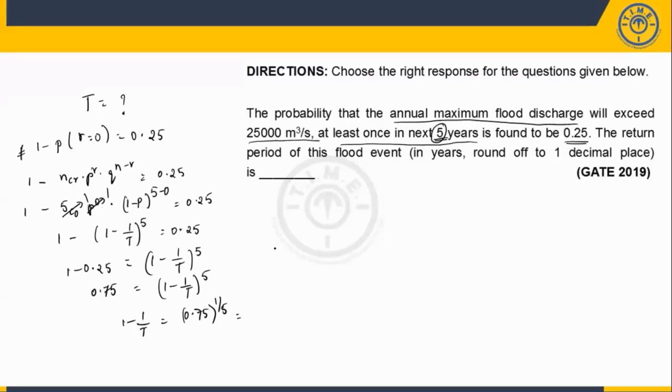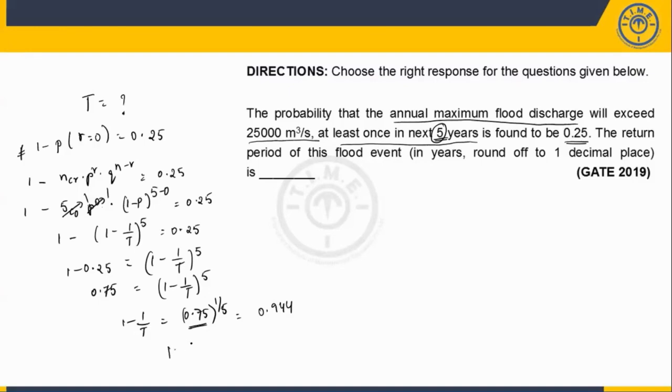How much is the value? 0.75 to the power 1 by 5. How much is it? T equals 20? Okay, first, can you please tell me this answer? 0.944.